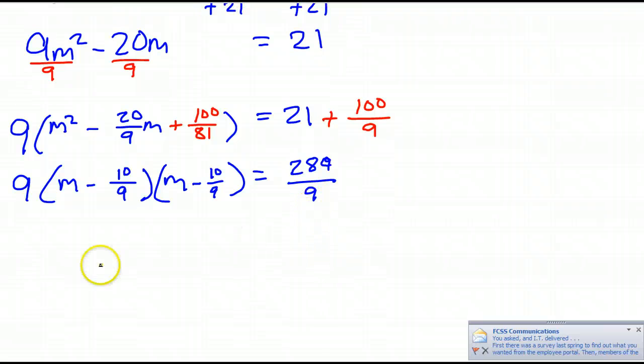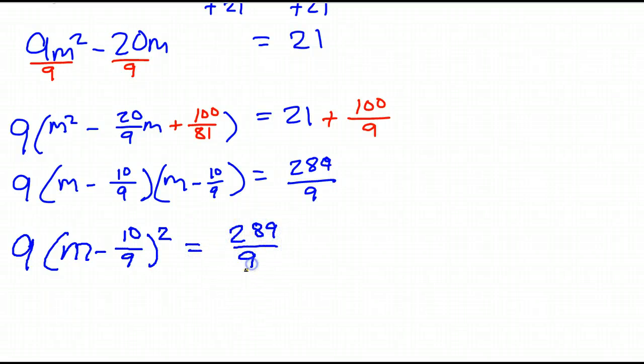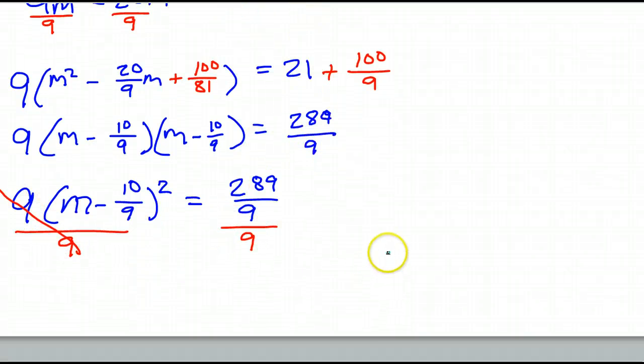So that's going to be the same thing as having 9 times m minus 10 over 9 squared equal to 289 over 9. Great. Now we would divide both sides by 9 to get rid of this. All right, so those are gone.